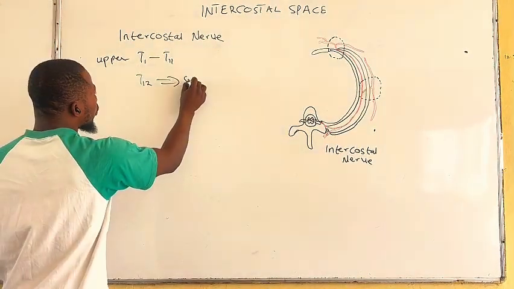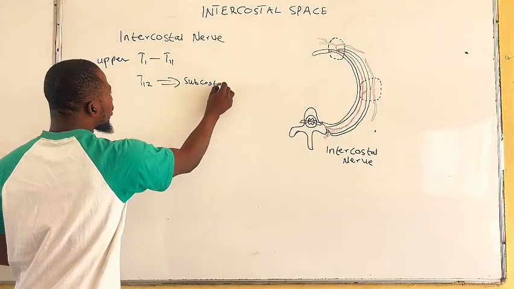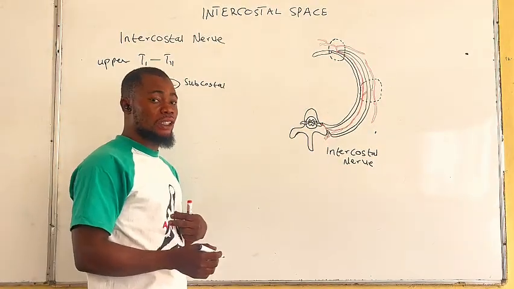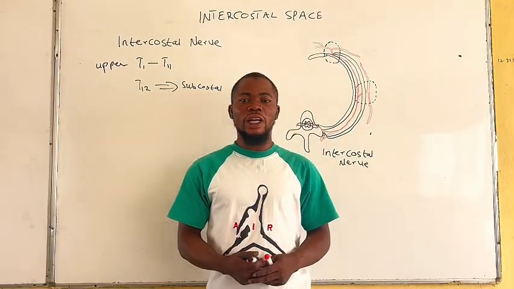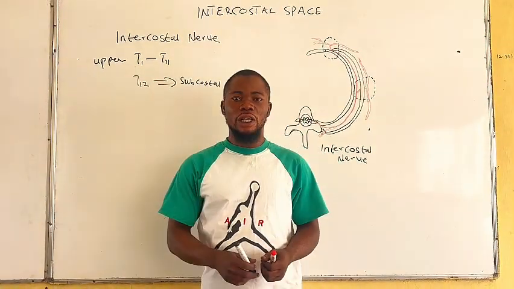T12 is called the subcostal nerve because it does not course in the intercostal spaces.